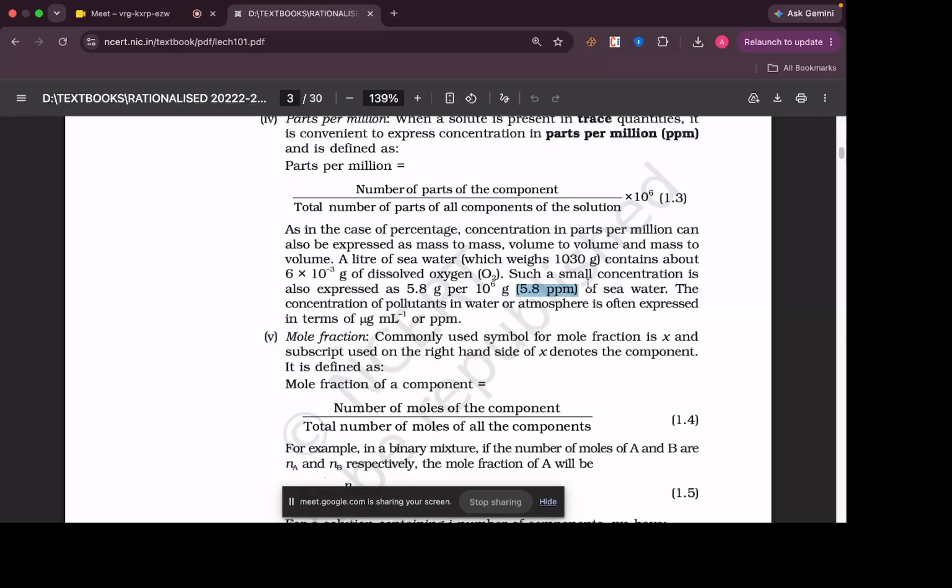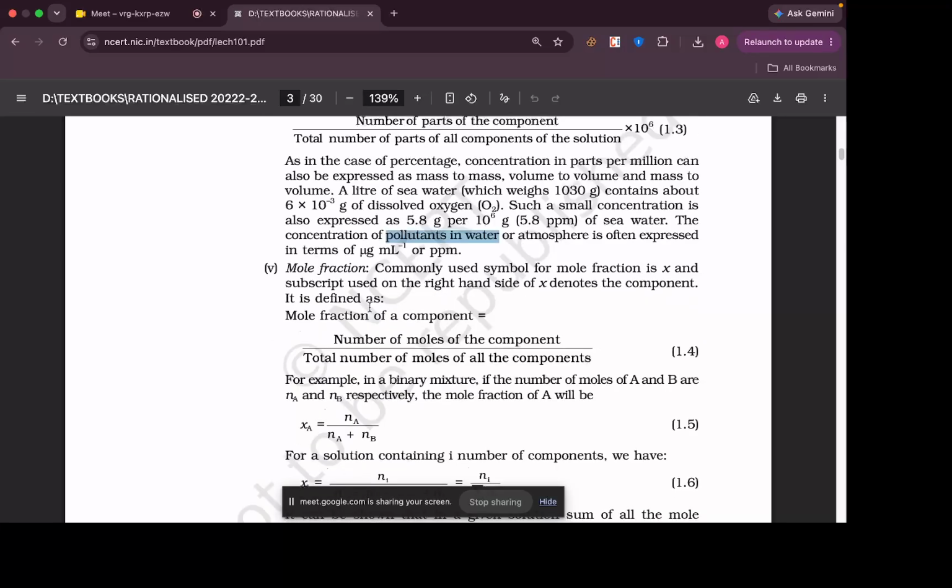Done. So for our ease of writing, we have found the ppm. The concentration of pollutants is also expressed in ppm, microgram per ml. So when we are talking about pollutants in the water, there we are using the ppm. That's it.